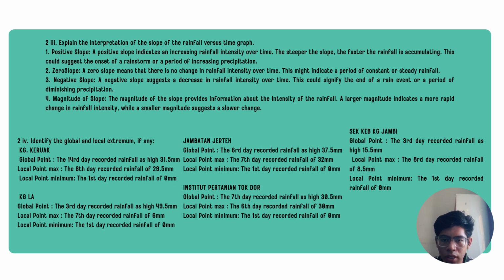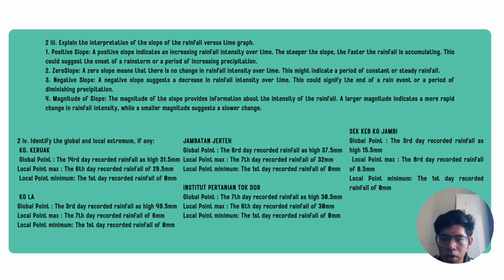For the global point, the third day recorded rainfall as high as 31.5 mm. For the local point maximum, the 8th day recorded rainfall of 29.5 mm, and the local point minimum is the first day recorded rainfall of 0 mm.